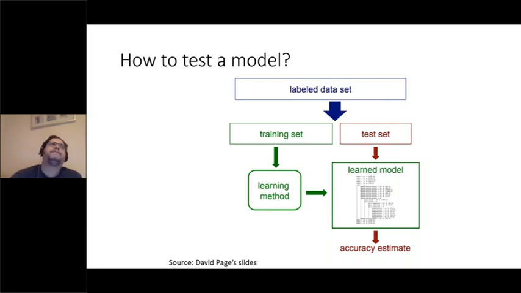I guess we keep iterating that process until we get a high enough accuracy estimate. Exactly. And the more we repeat that process, the more we overfit to the test set.